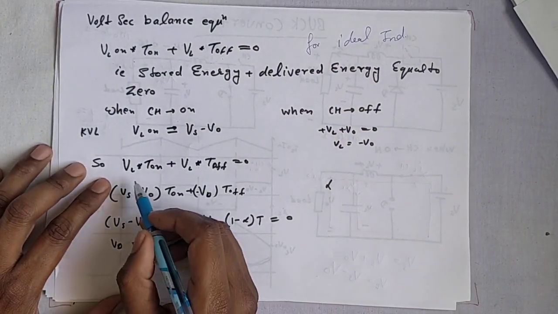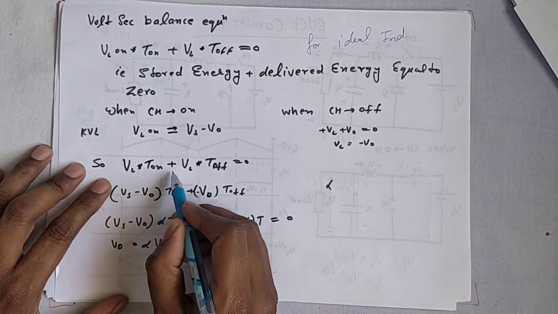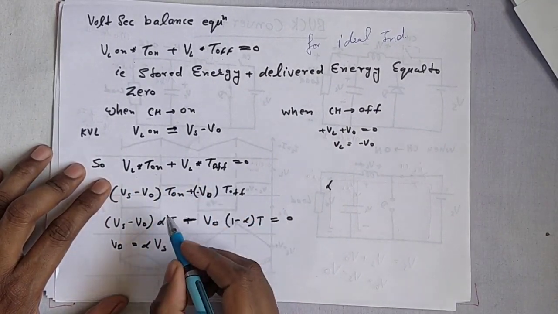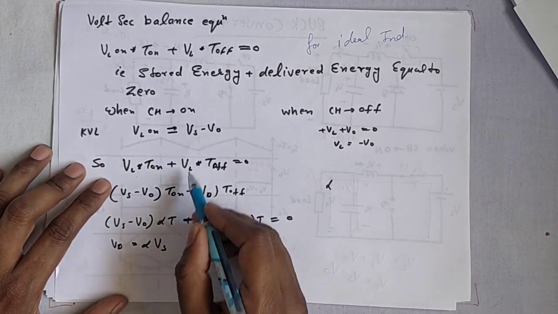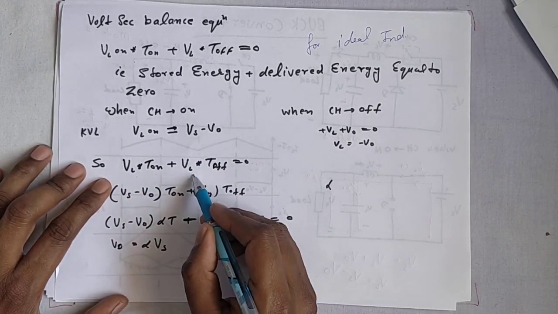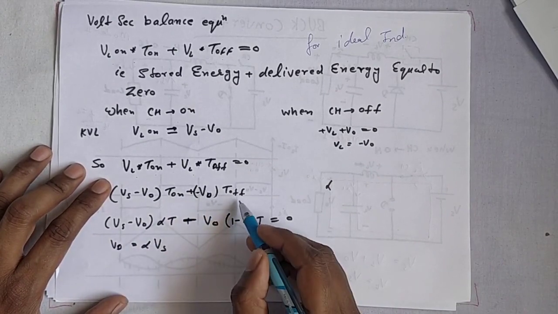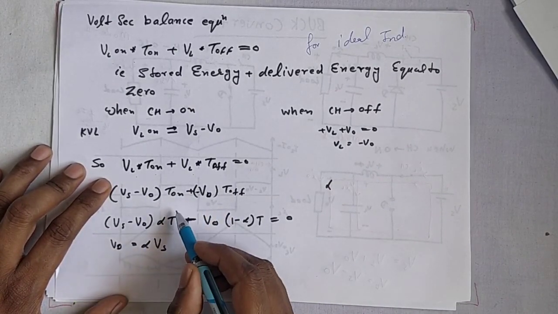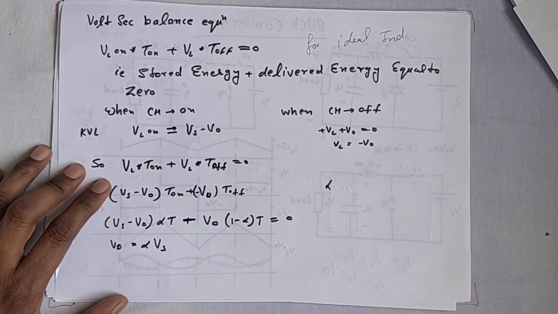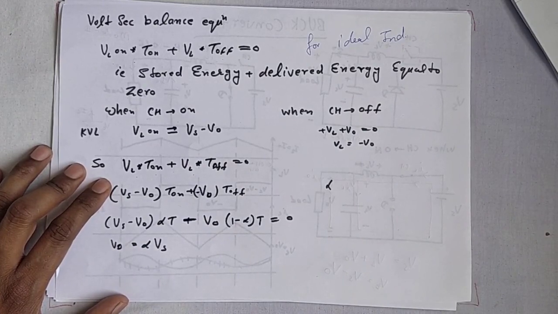So VL into T on plus VL into T off. VL equals Vs minus V naught, this is during T on, and VL during T off is minus V naught, so this is minus V naught into T off.